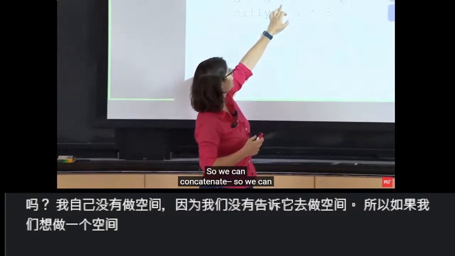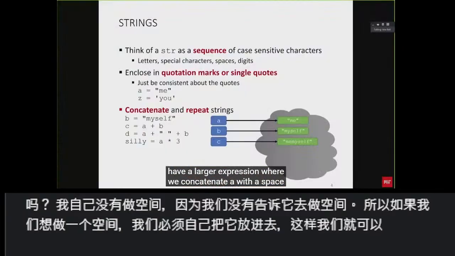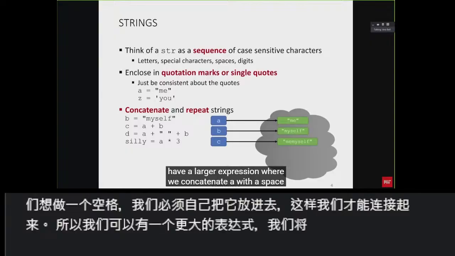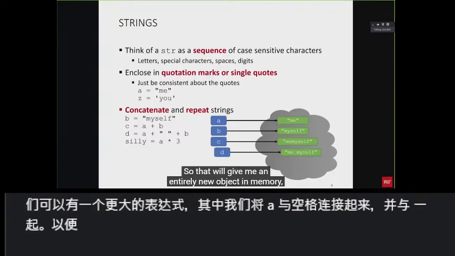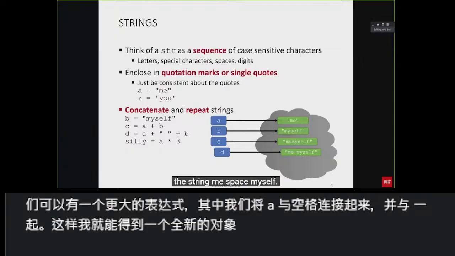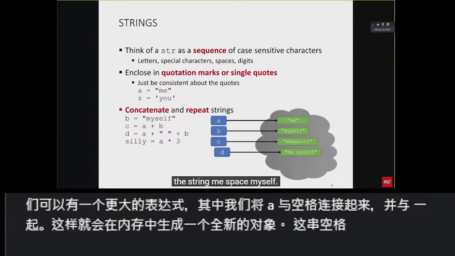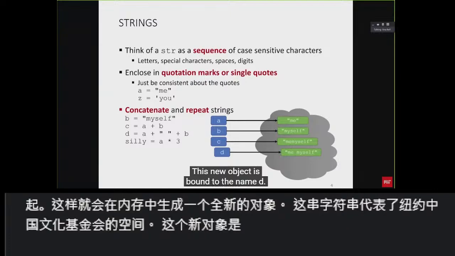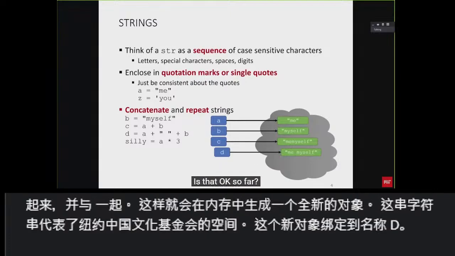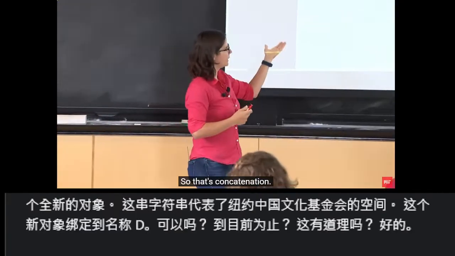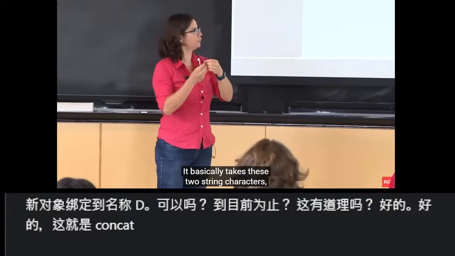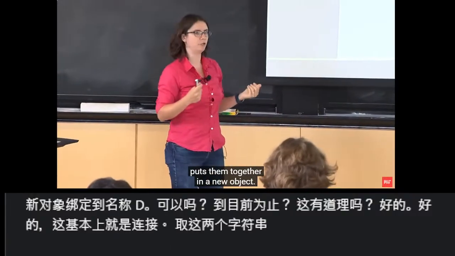So we can have a larger expression where we concatenate a with a space and with b together. So that will give me an entirely new object in memory, the string ME space MYSELF. This new object is bound to the name d. Is that okay so far? Does that make sense? Okay. All right, so that's concatenation. Basically takes these two strings, puts them together in a new object.